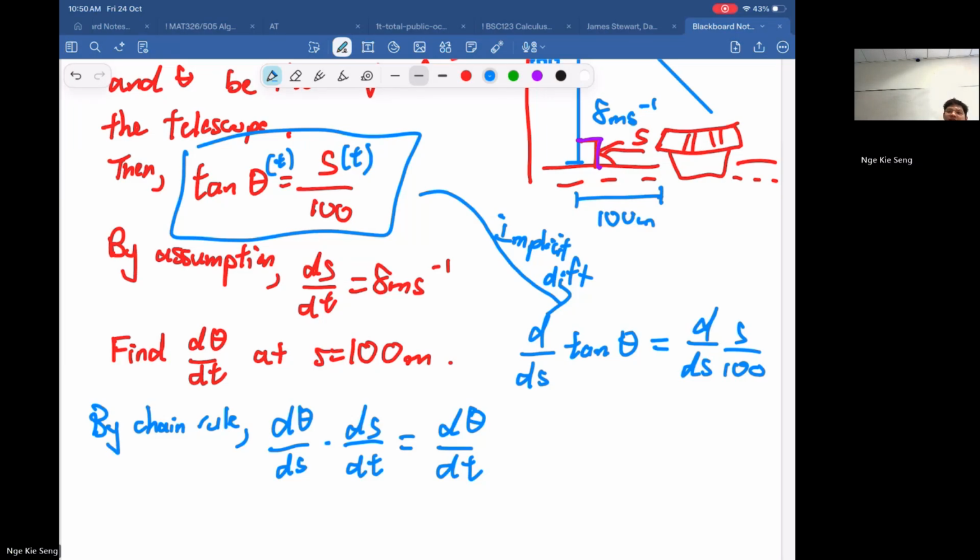Do you mean write it as sine theta over cos theta and then use quotient rule? But there's a formula you remember, right? So you can check your formula. This is secant squared theta times d theta/ds. And then the other side you get just 1/100.